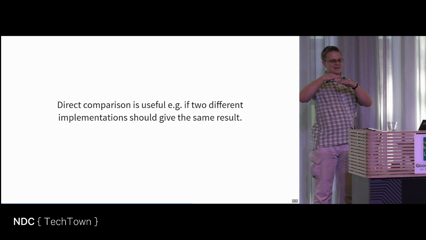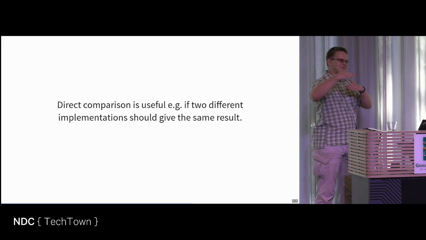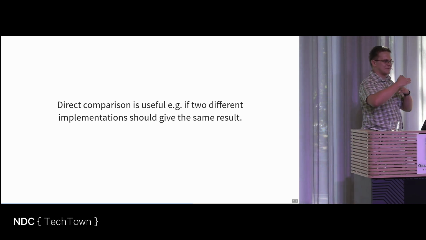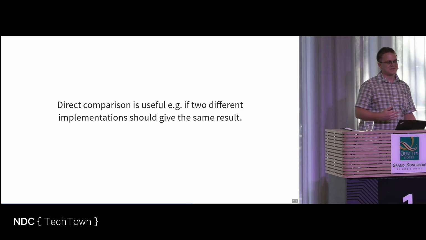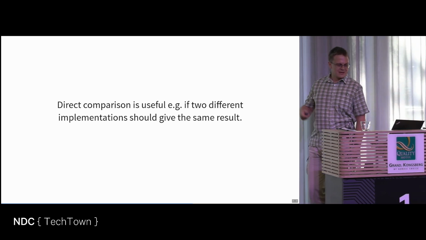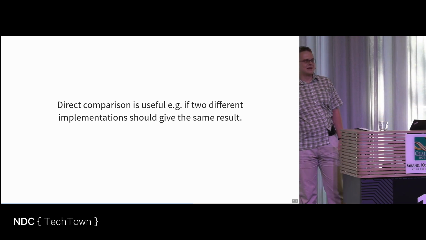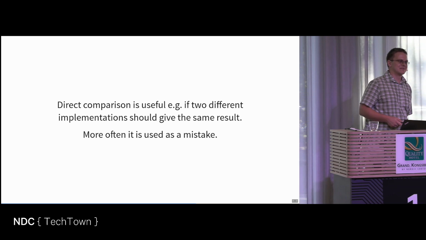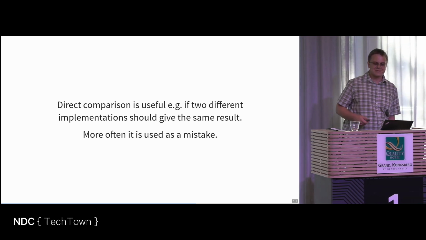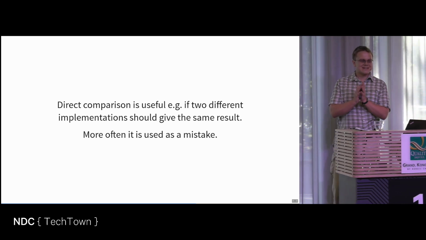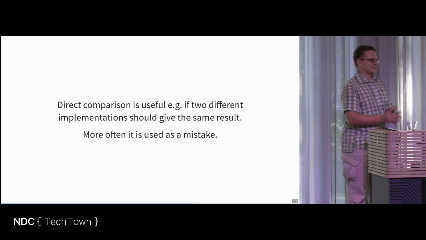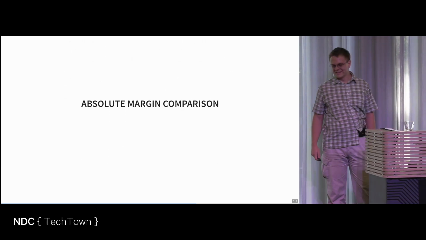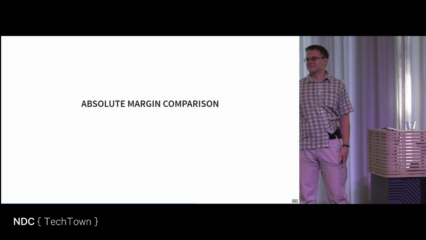Because then you don't want any margin for error. They should give you exactly the same stuff. It's like the main case where you use them, but actually most often it's a mistake if you do this. This is why compilers will warn you, and it's super annoying, especially because you are like, but in this one case, I am using it correctly. No, warning, fix it.